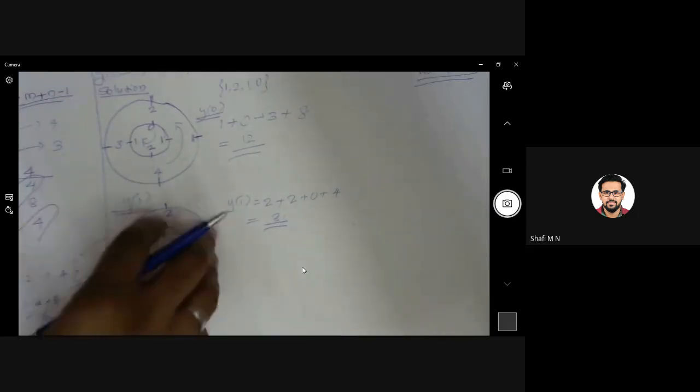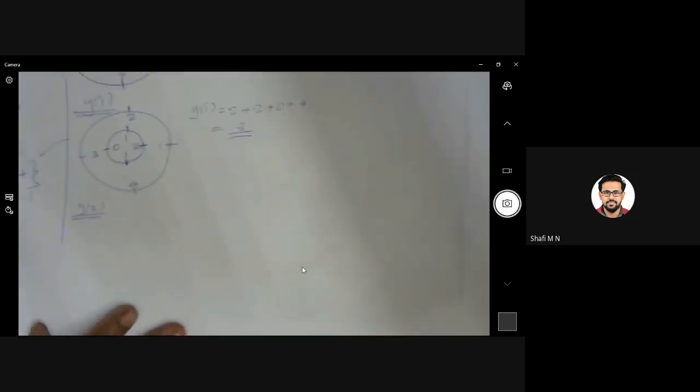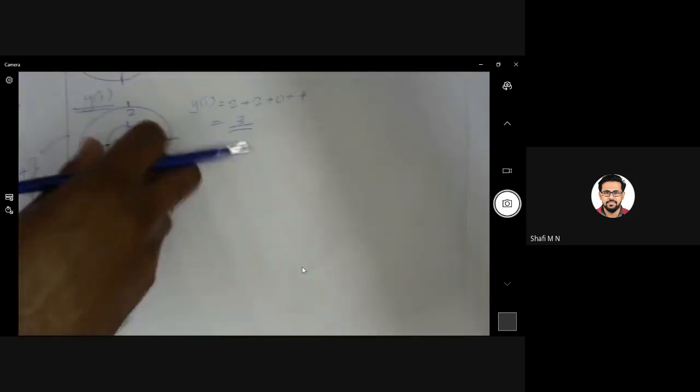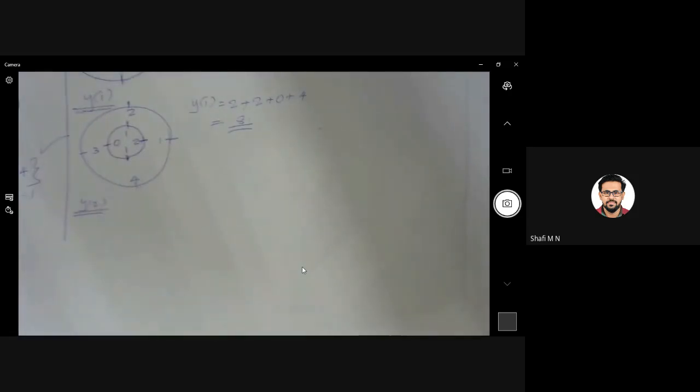Keep the outer circle as such, just rotate the inner circle by 1 unit. ഇതിനെ 1 unit rotate ചെയ്യും. Sorry, clockwise അല്ല, inner circle നെ counter clockwise ഒന്നുകൂടെ rotate ചെയ്യും.